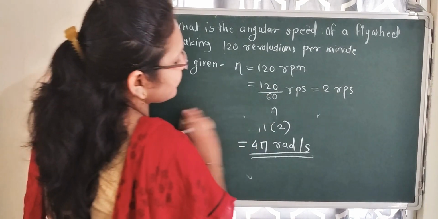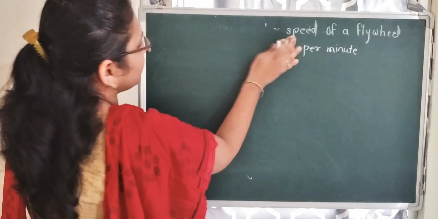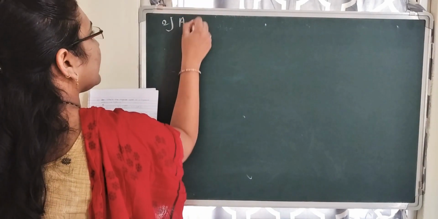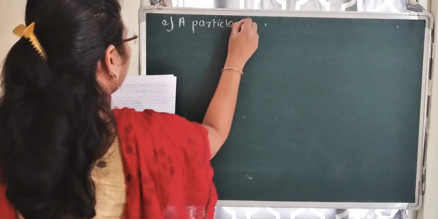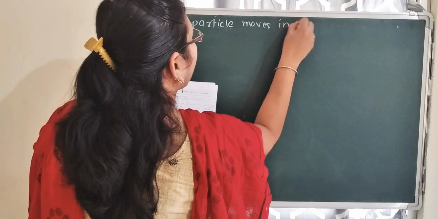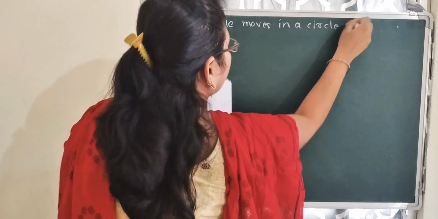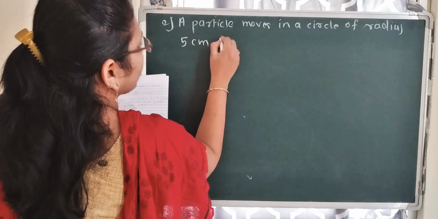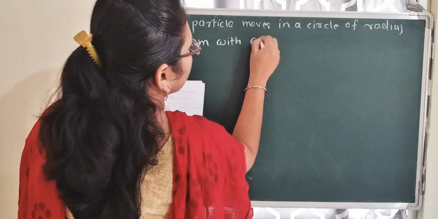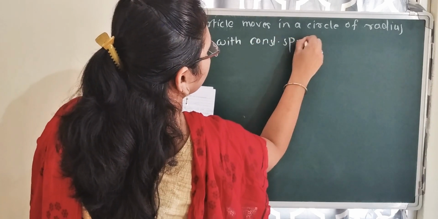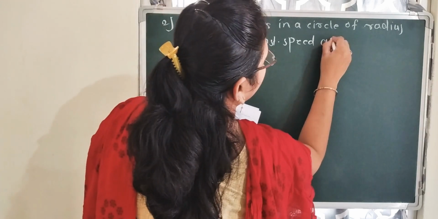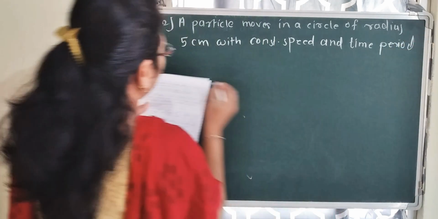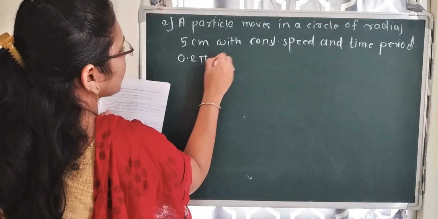Then we will see the second example. A particle moves in a circle of radius 5 centimeter with constant speed and time period 0.2 pi second.